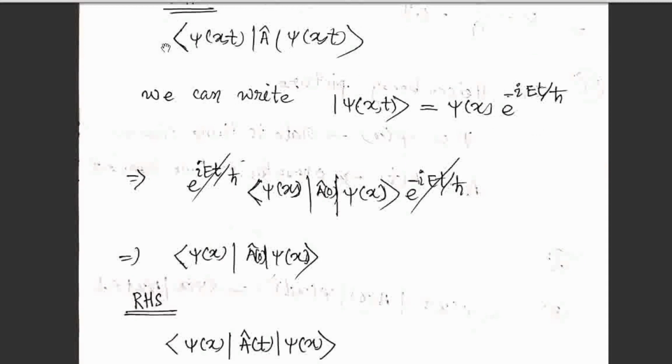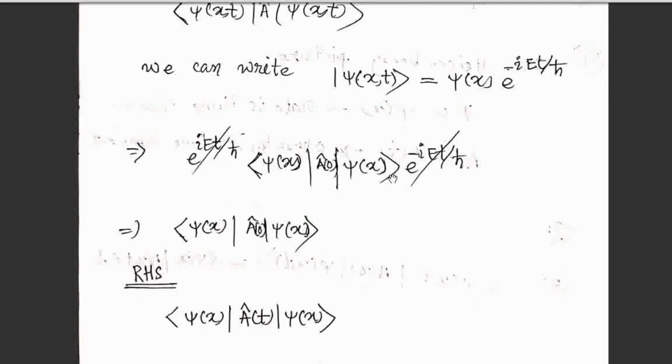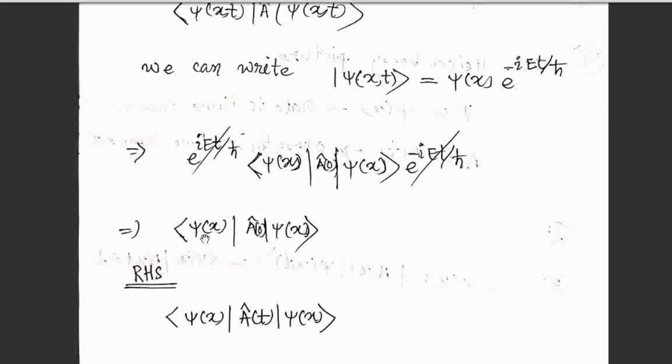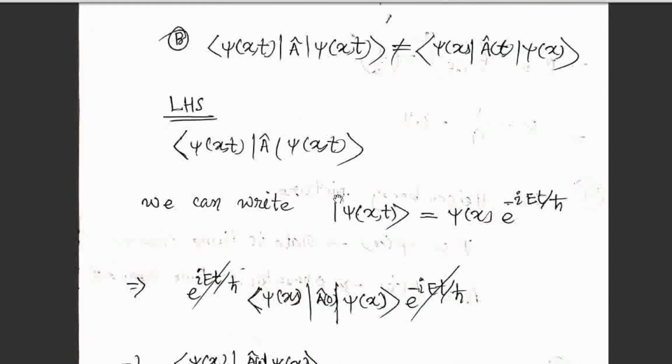You see that e to the power iEt by h cut and e to the power minus iEt by h cut both cancel out, and ultimately you get psi(x,0), A, psi(x,0). That means at t equal to 0, when there is no time evolution, at the initial state, we get this.